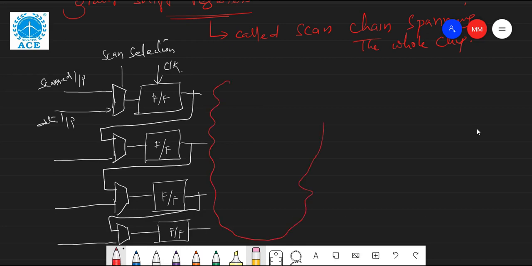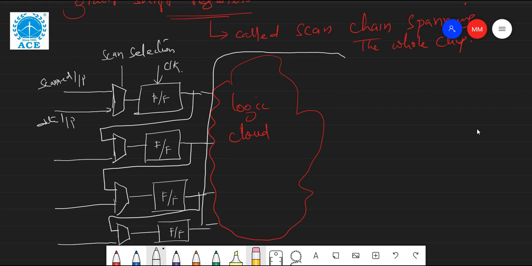I can say this is a logic cloud. This data is connected here, and this output goes to the next stage, so it continues the same process.